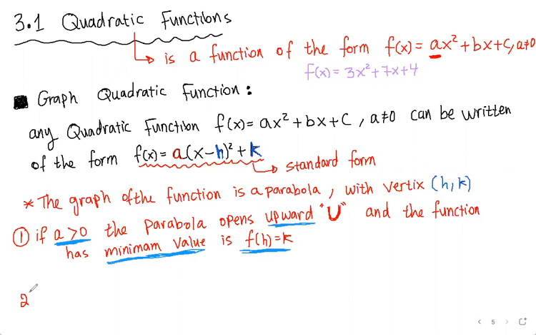Now, if a is negative, the parabola opens downward. What is the meaning of downward?